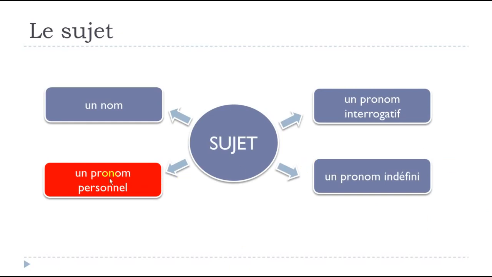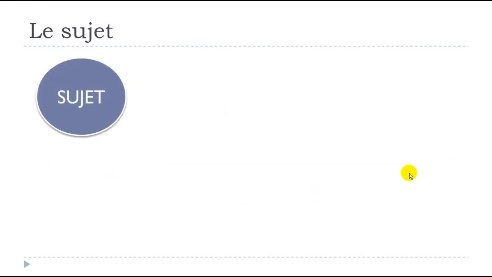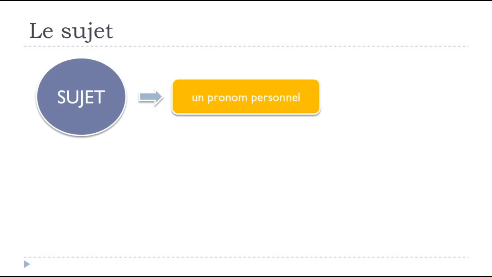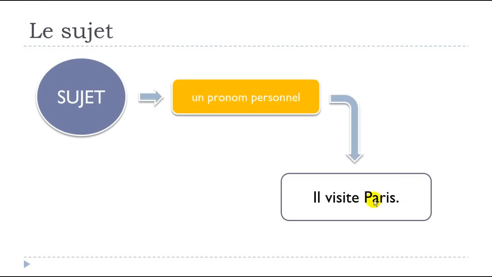Le sujet peut être un pronom personnel, so it can also be a subject pronoun, as we saw. So let's see now how it would go. In that case, same thing, a simple sentence to start. Il visite Paris. Okay, so you get il here, and visite is the verb visiter, which you conjugate.